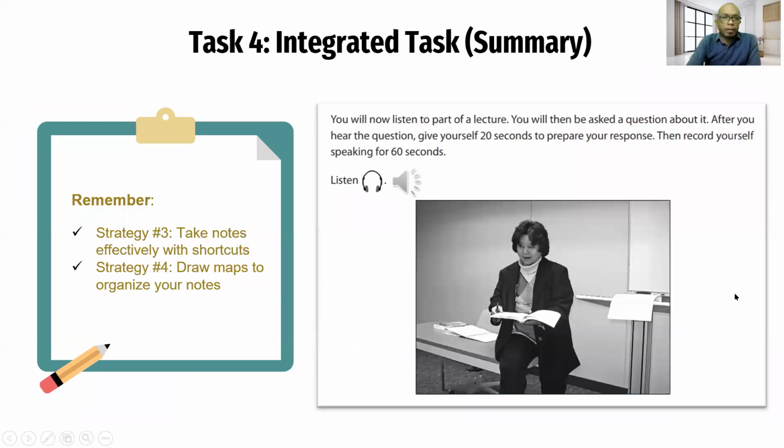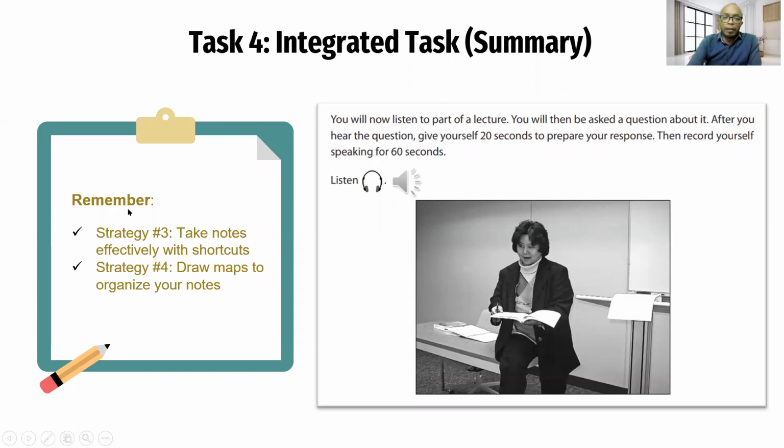The fourth task, summary question. So remember, in this question, you will only listen to a lecture, and then you will be asked to summarize, usually to summarize the lecture, meaning that you have to state the main ideas along with the necessary supporting details that the lecture covers in the listening.